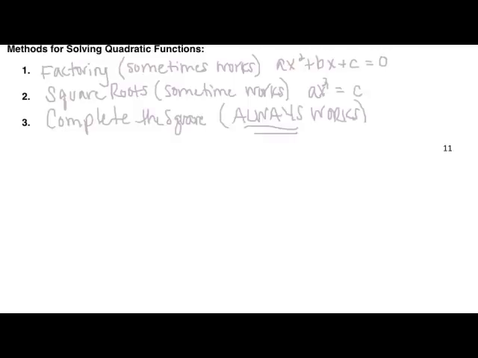Now, it always works depending on what numbers you are working with, as far as if there are coefficients in front of your x squared term, if we're dealing with fractions. Completing the square is not always pretty, but again, it will always work. So again, the 3 forms of solving quadratic functions are factoring, square roots, and completing the square. And in the next section, we're going to talk about our last method for solving quadratic functions.